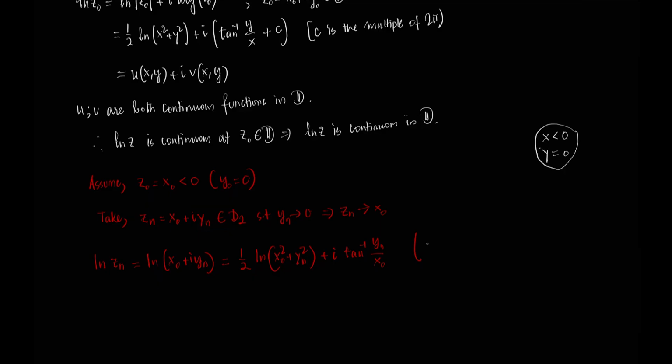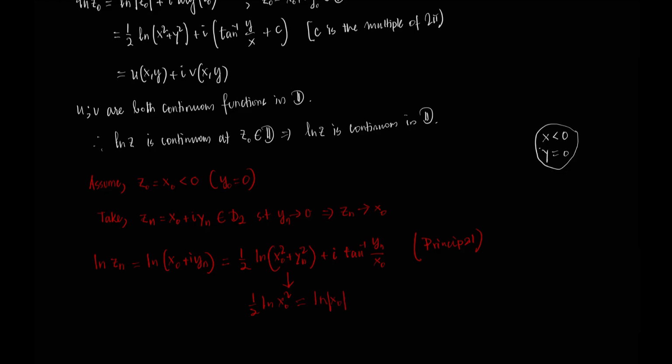I'm taking the principal branch, principal value. So i tan inverse yn by x naught. Now you see, if yn goes to 0, this whole thing converges to half of log x naught square, which is nothing but log of mod x naught.